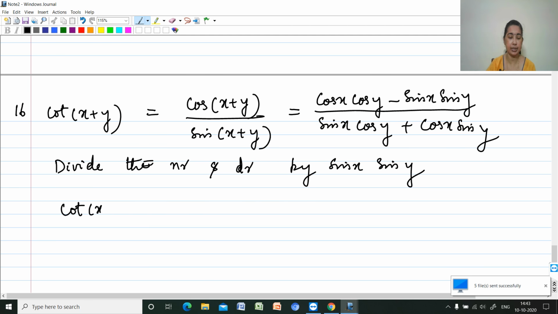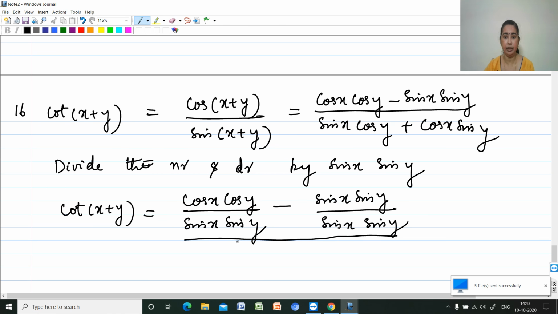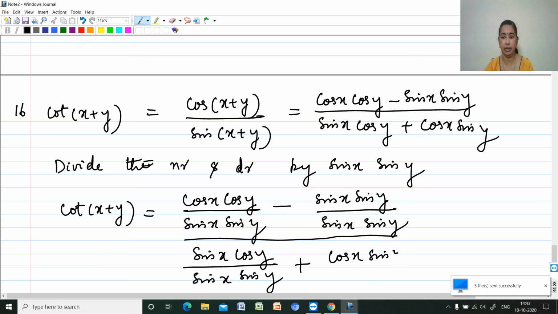Therefore, cot of x plus y is equal to cos x cos y divided by sin x into sin y, minus sin x sin y divided by sin x into sin y, whole divided by sin x cos y by sin x sin y plus cos x sin y by sin x sin y.